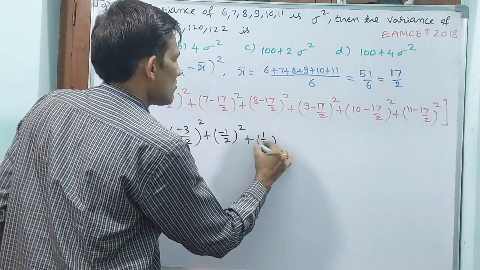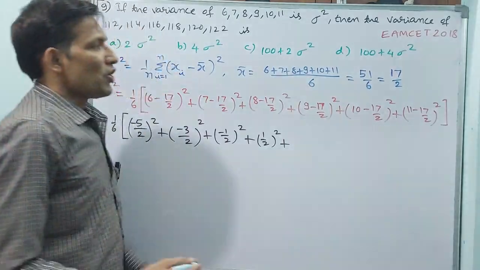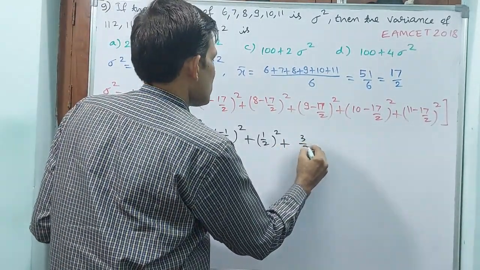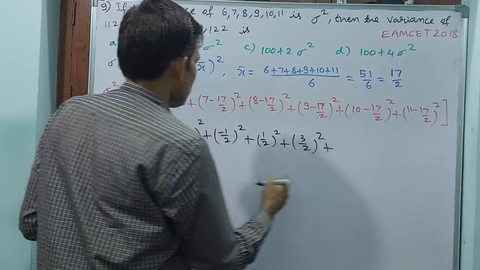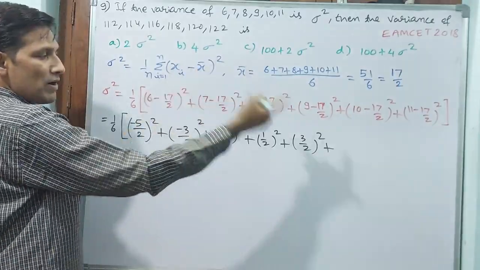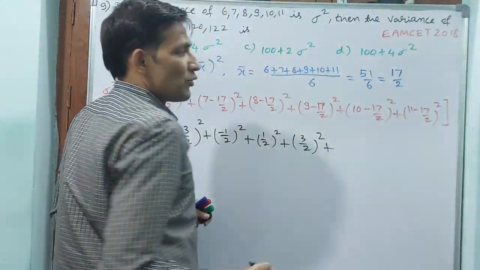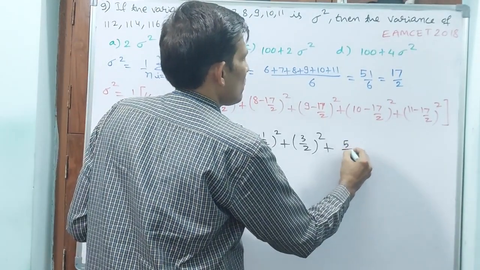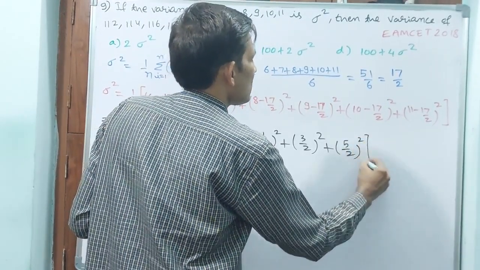Then 20 minus 17, 3 by 2 whole square. Directly we can say 1 by 2, 1 by 2, 3 by 2, 3 by 2, 5 by 2 will come, because 22 minus 17 is 5. 5 by 2 whole square, now we close.